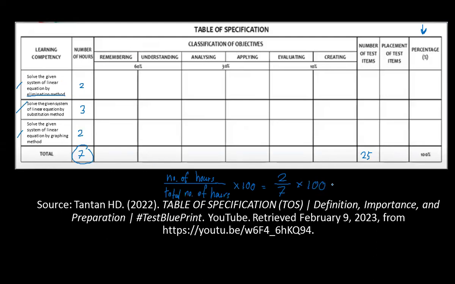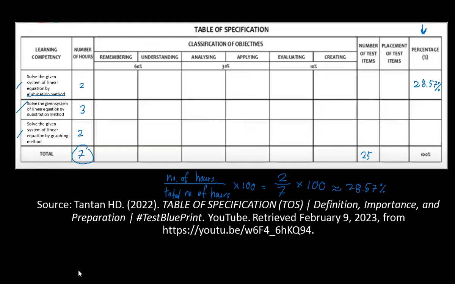So, let's get the percentage. 2 divided by 7 times 100 is approximately 28.57%. Okay? So, I will put it in the first row. We will do the same thing for the other rows, for the other learning competencies.